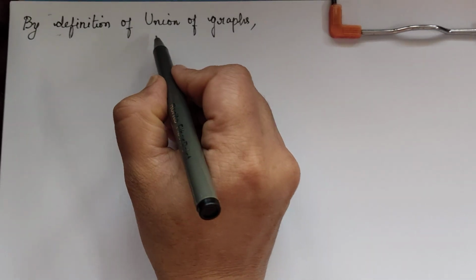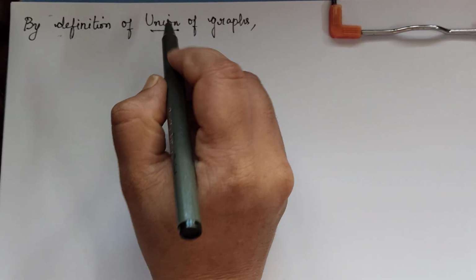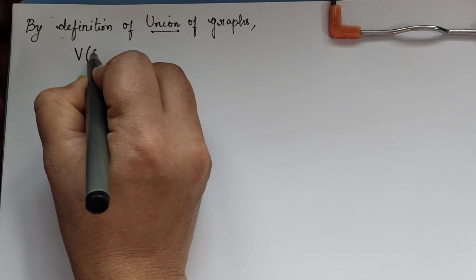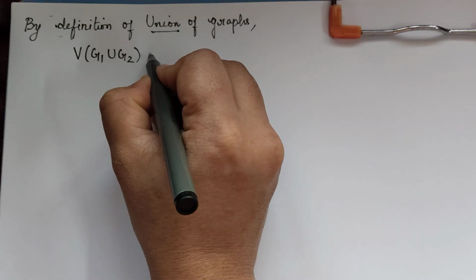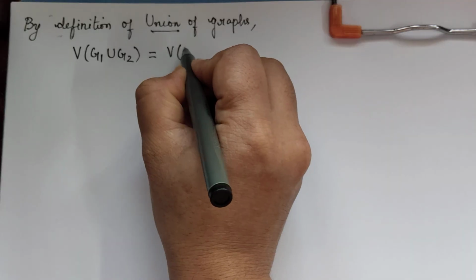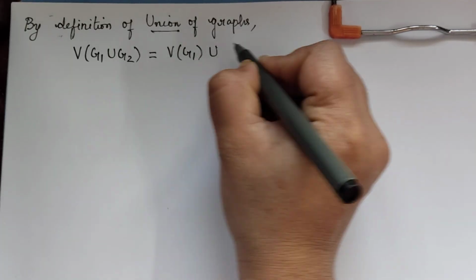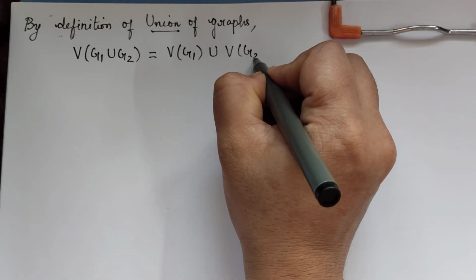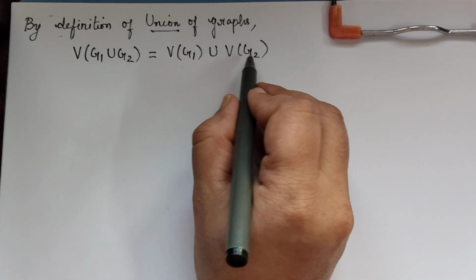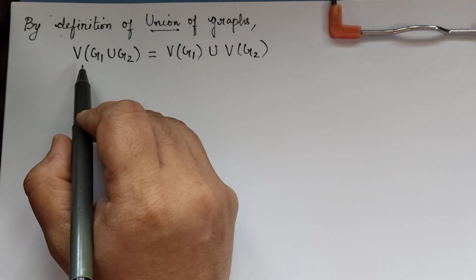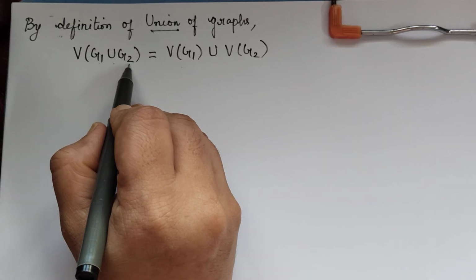So by the definition of union of graphs, we know that the vertex set of the union of two graphs G1 and G2 will be equal to the vertex set of G1 union the vertex set of G2. So we have to take the vertex set of these two graphs, and if we take the union, it will be equal to the vertex set of G1 union G2.